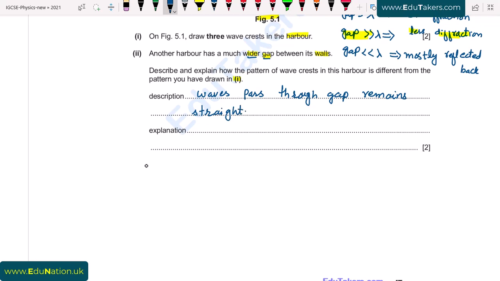They don't bend in the form of circles, or there will be no diffraction. In the explanation, I write that less diffraction occurs or there will be no diffraction.